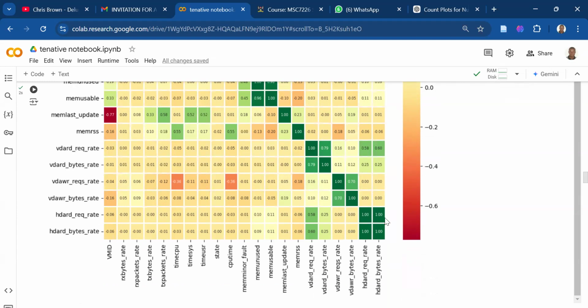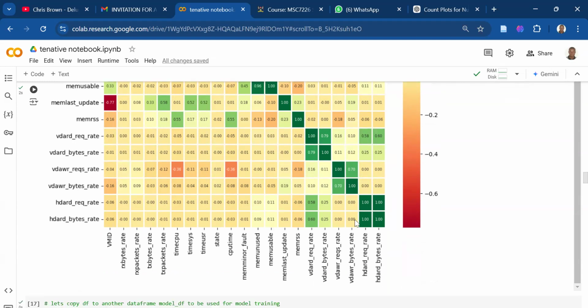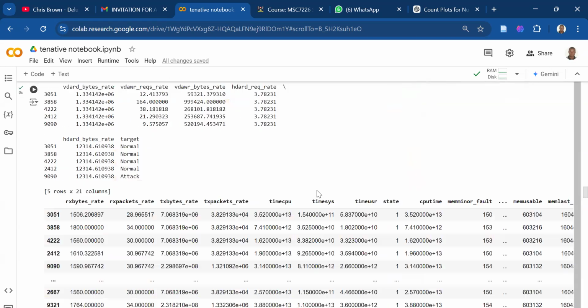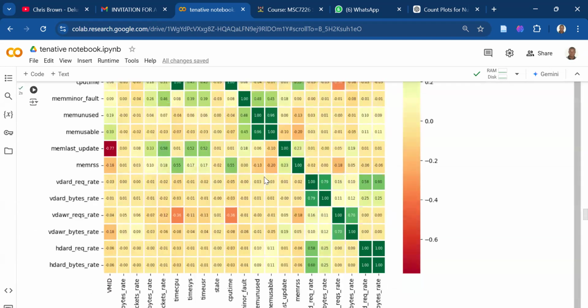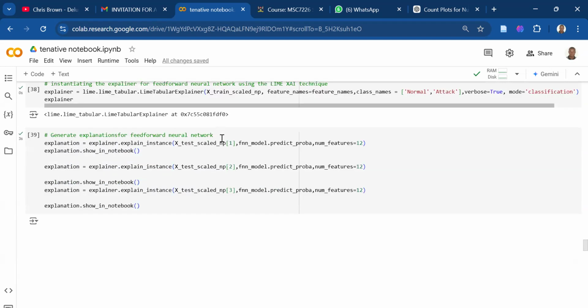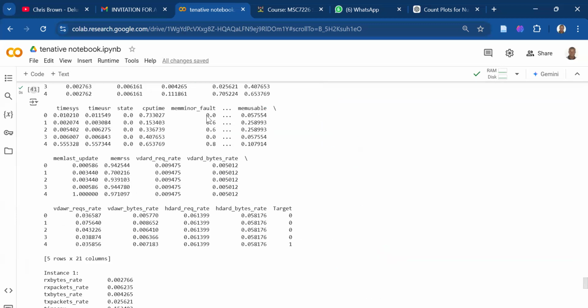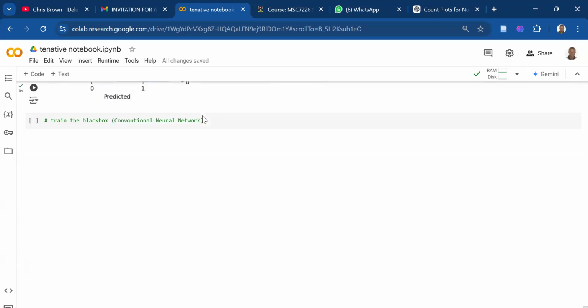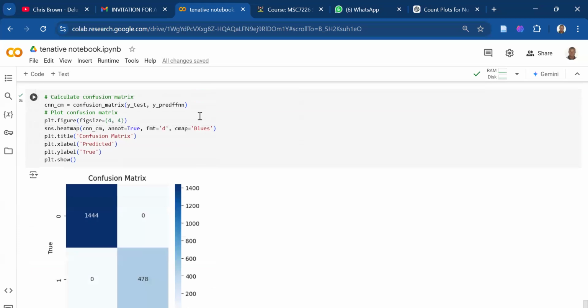Also HTTP request rate is highly correlated with the HTTP bytes rate. So I think once I remove those columns, I'll run again and see if the overfitting will be removed.